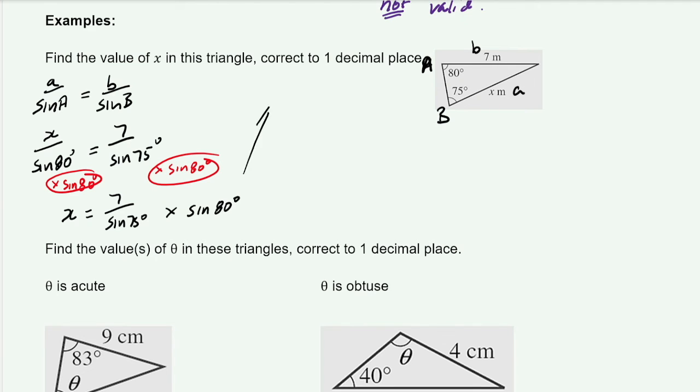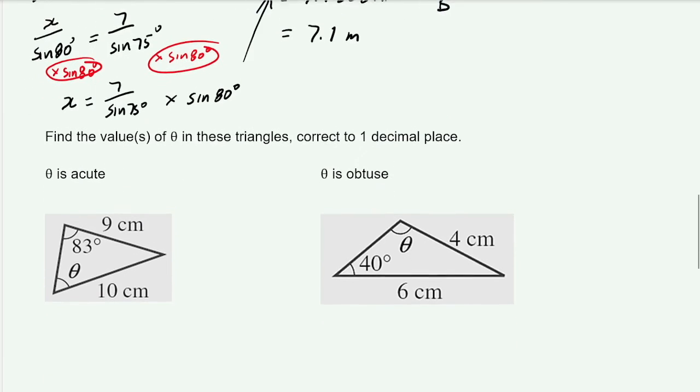That will actually get us to 7.1368..., which to 1 decimal place will just be 7.1, and that'll be in meters. So it's just knowing how to apply our formula appropriately to the diagram we have, and then just following our basic skills for solving equations.